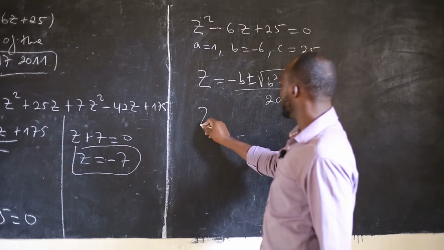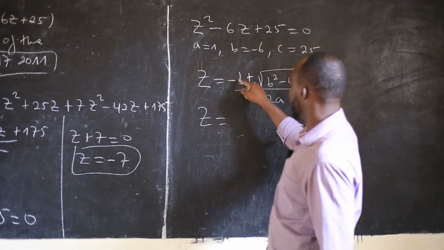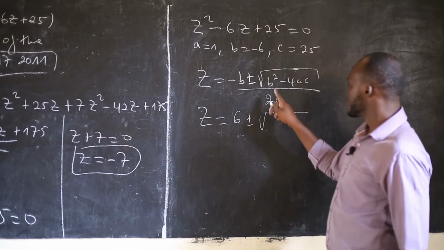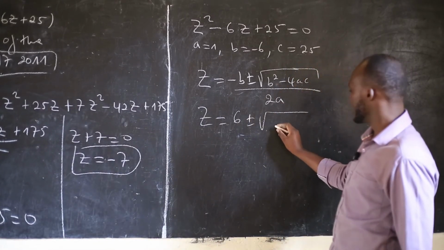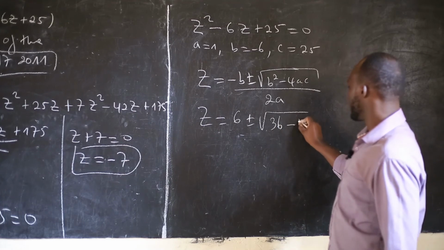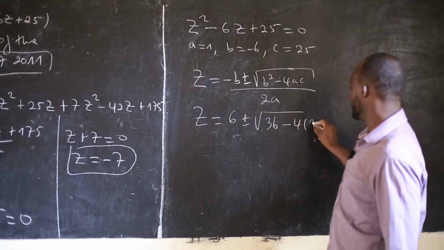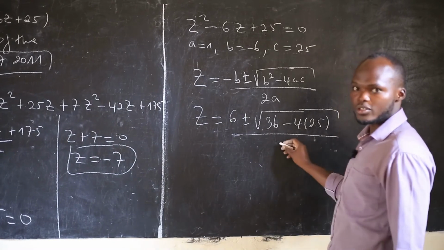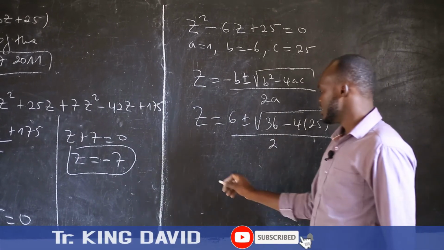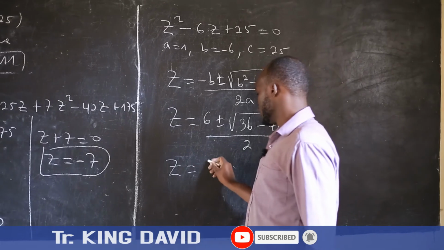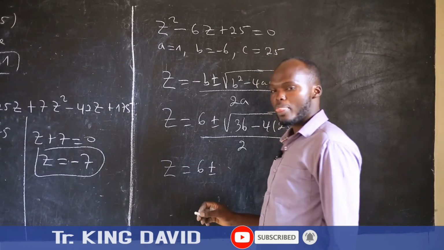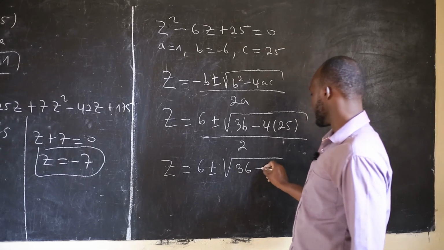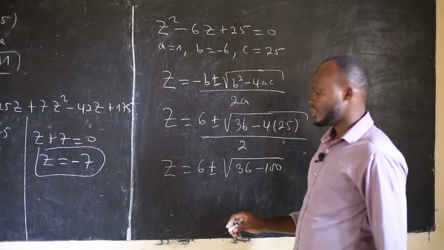So z will be equal to negative, that is 6, plus or minus square root of b squared, that is negative 6 squared, that is 36, minus 4 into bracket, our a is 1, c is 25, divided by 2 times 1, which is 2. Then z equal to 6 plus or minus square root of 36 minus 100, divided by 2.